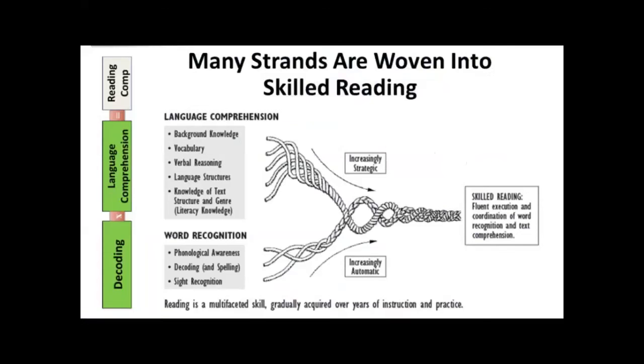What vocabulary do I need to understand? What language structures? If you have a student that's a struggling reader, they tend to spend a little more time in the word recognition part, and so they have a little more trouble with the language comprehension because they're spending so much time thinking about word recognition. So our goal is that they become very automatic with those decoding skills, so that they can spend their working memory on the language comprehension skills to comprehend text.